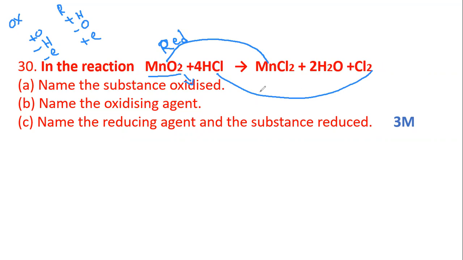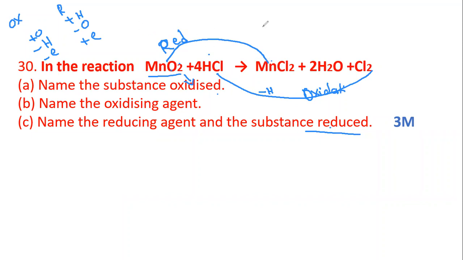So what is happening here? Loss of hydrogen, isn't it? So HCl is involved in oxidation. Are you clear with this? So for the first one, the substance oxidized is HCl, oxidized into Cl2. Then the substance reduced is MnO2, reduced into MnCl2. Yes, half of the answer is over.